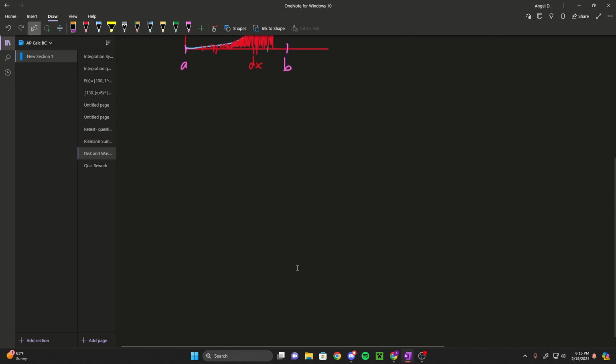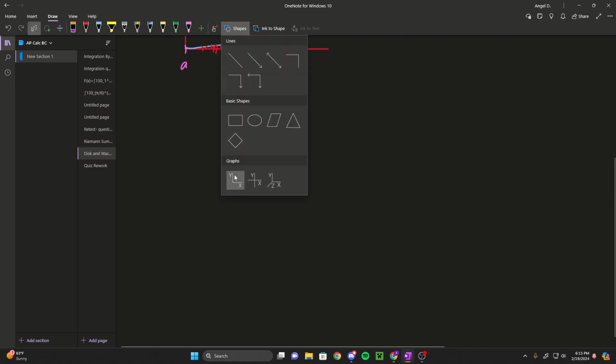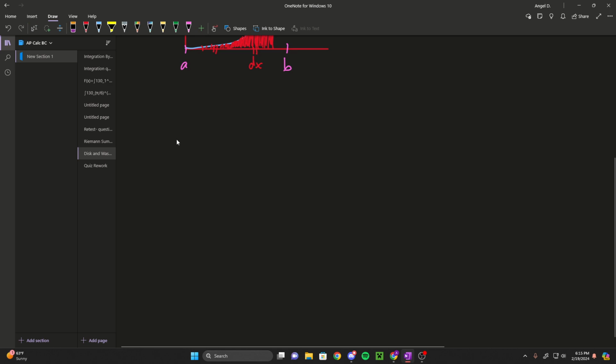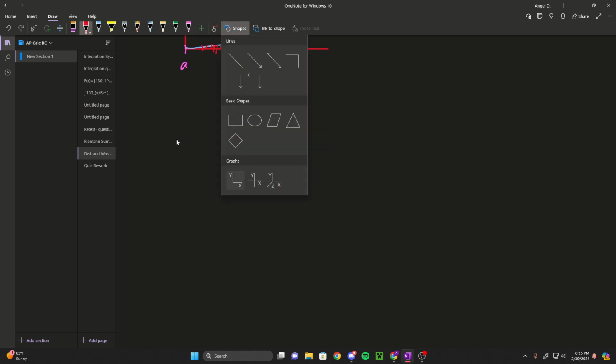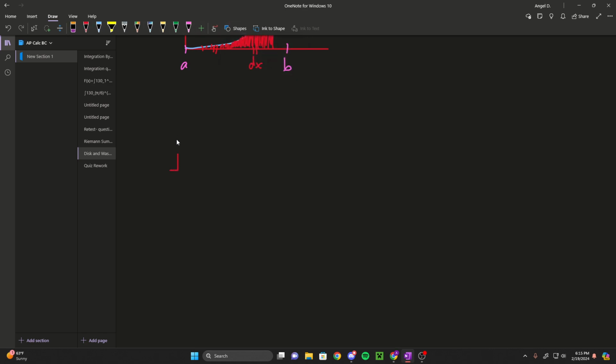Now, this will be relevant here in a second when I introduce disk method. All right. So this is a disk method problem from one of our old prior quizzes. So let's draw another graph right here. Perfect.